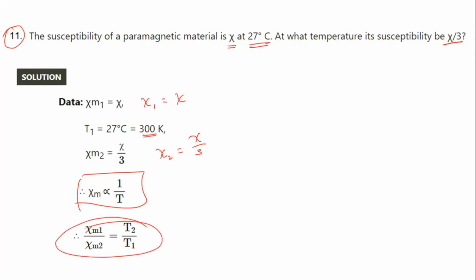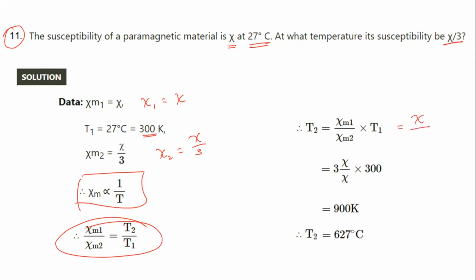After substituting the values and doing the calculation for T2, susceptibility 1 is this, susceptibility 2 is divided by 3, into T1 which is 300. This gets cancelled. 3 into 300 is 900. So 900 Kelvin is the answer. This is temperature 2.